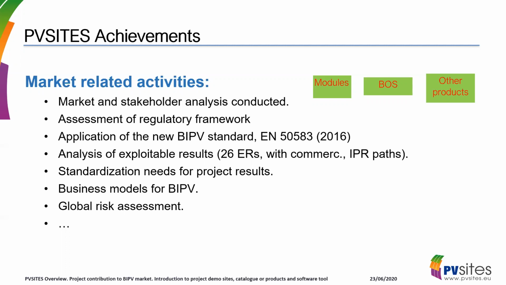And well, I think also very important, we analyzed and tried to invent different business models attractive for all the stakeholders around the BIPV. These business models have been cross-checked with the International Energy Agency, Task 15, and I think they are now being tested in real business.